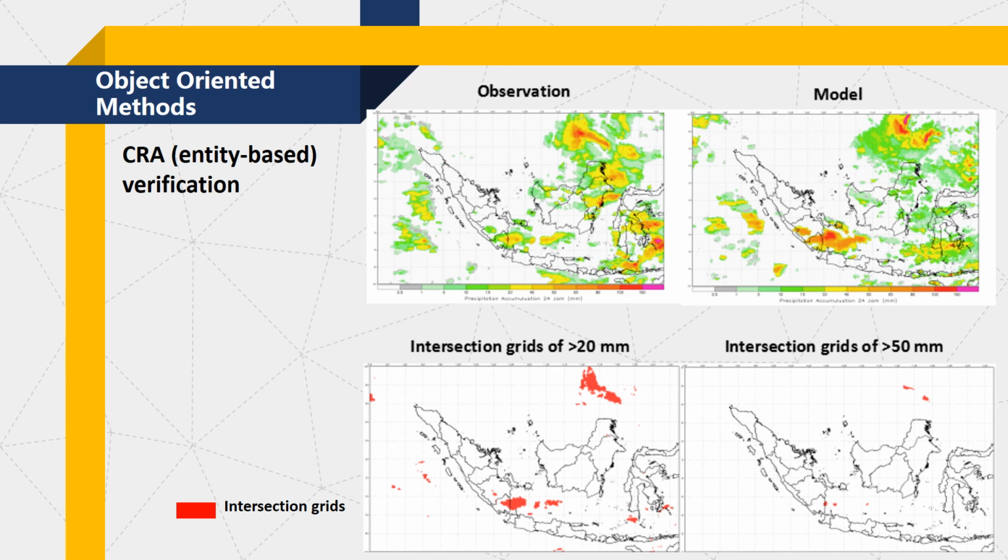And if we change the threshold to 50 millimeters, we will get the second map, in the lower right side, and the red area becomes smaller than the left side with the 20 millimeter threshold.